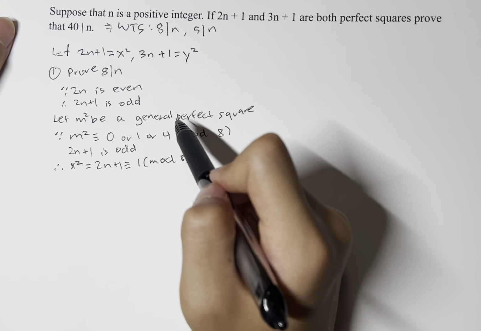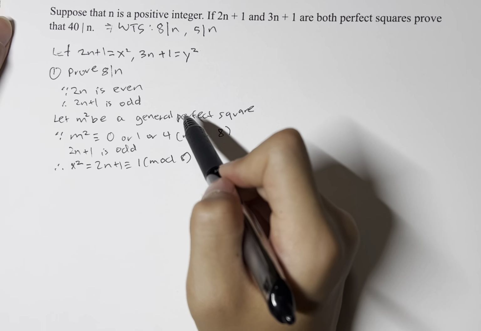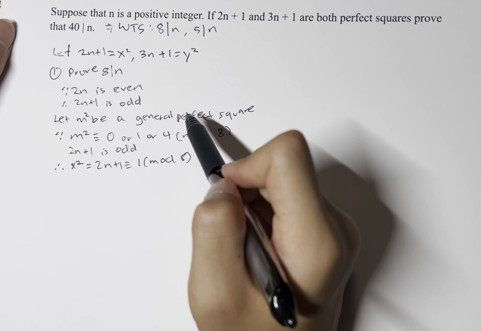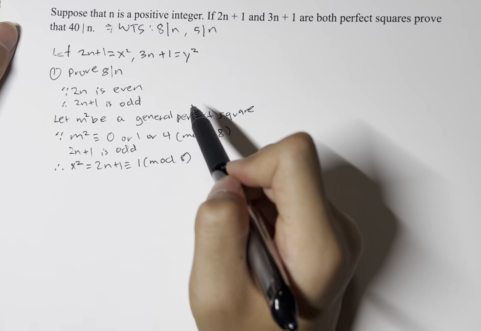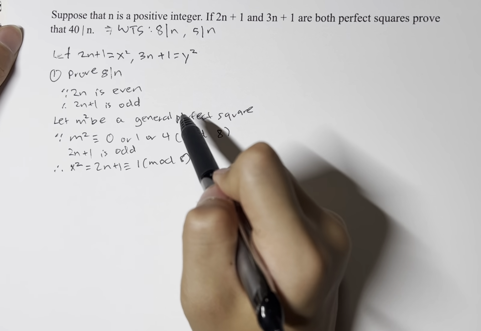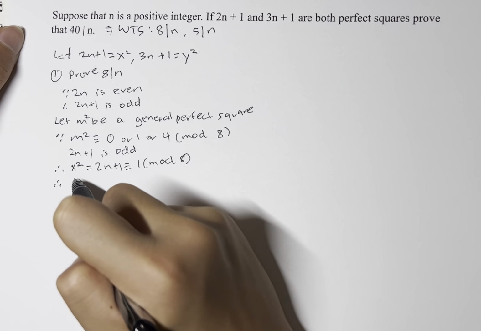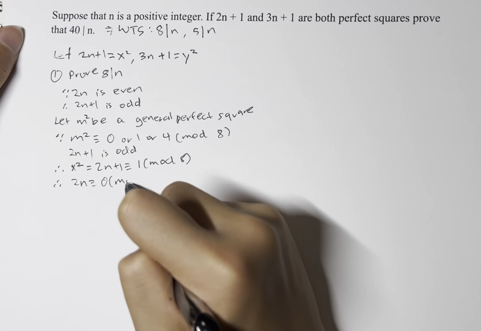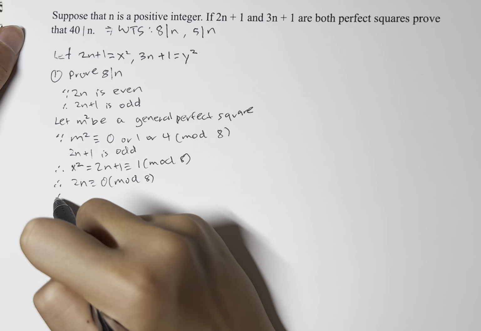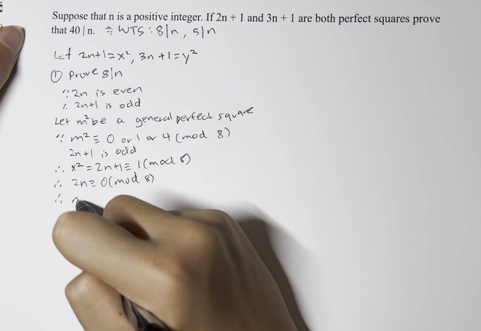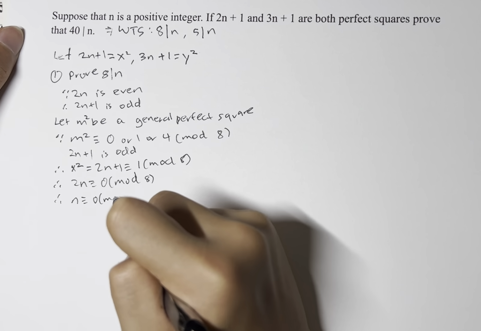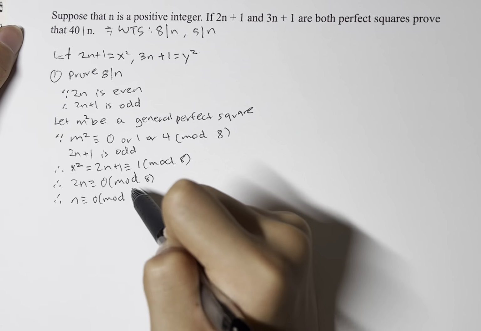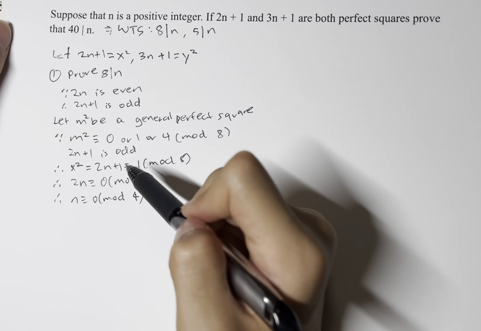If you have a remainder of 0 or 4, you have to be even, because 0, 4 and 8 are all even. So we get that 2n is congruent to 0 mod 8, so n is congruent to 0 mod 4, since 2 times a multiple of 4 will be a multiple of 8.